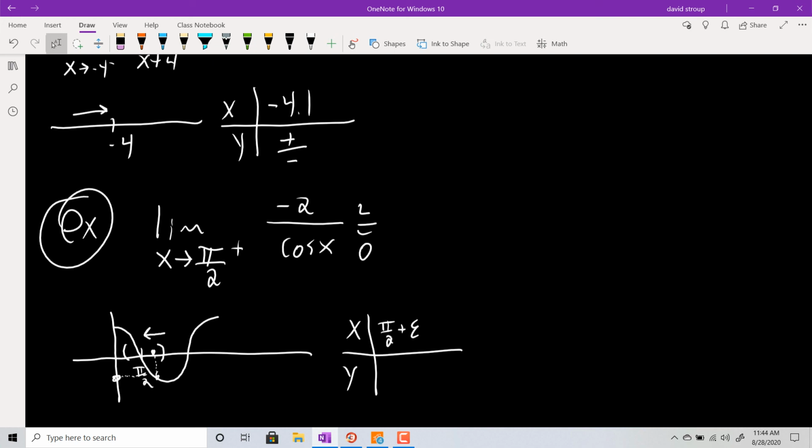Our output will be negative 2 all over cosine, and cosine as we approach from the right is negative. So the denominator will also be negative, and a negative over a negative is positive.